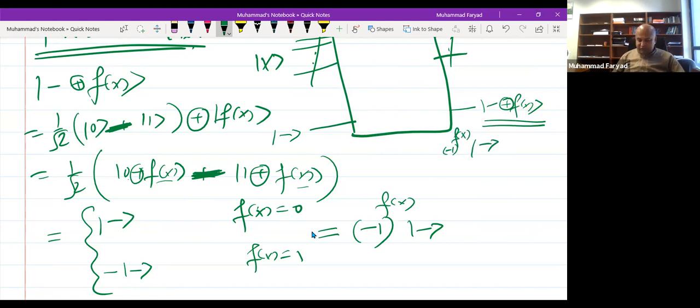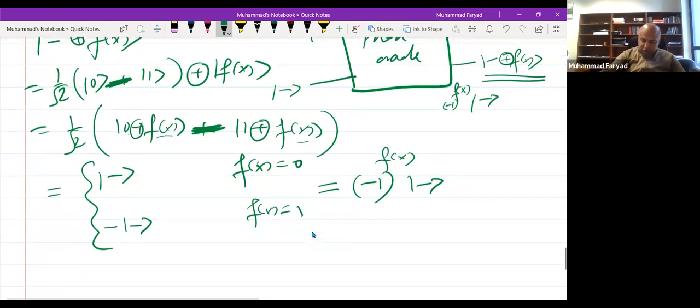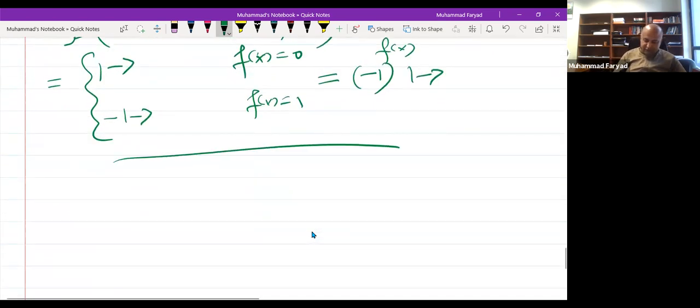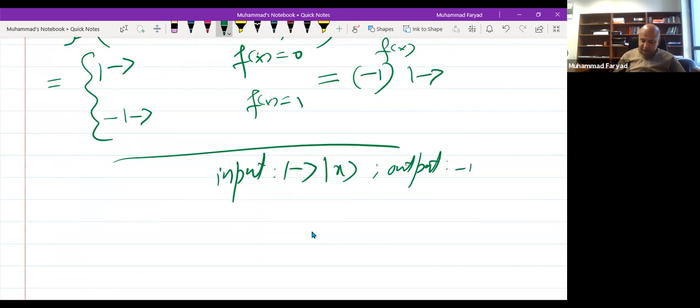Since this f of x now goes to the power of minus 1, that's why this is called a phase oracle. Now I can write the total input output relation like this. Input is minus state into x, and output is minus 1 power f of x into minus state into x.